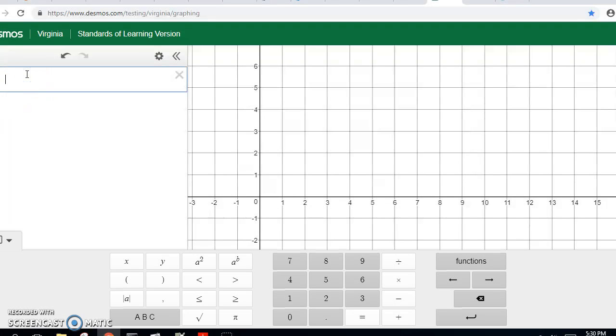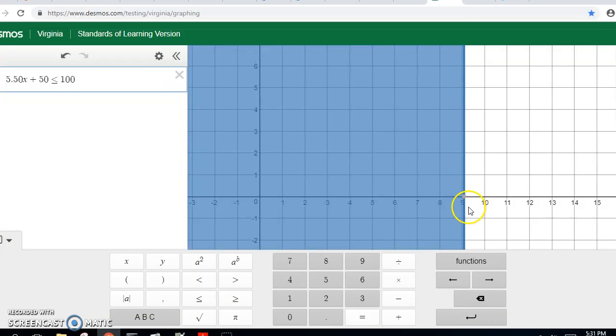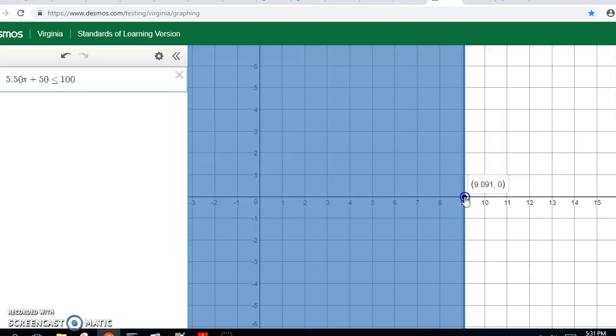In Desmos, I will put $5.50x for each guest, add the rental for $50, and she can only spend less than or equal to $100. So I see right here, I'm going to lock in my black x-intercept.